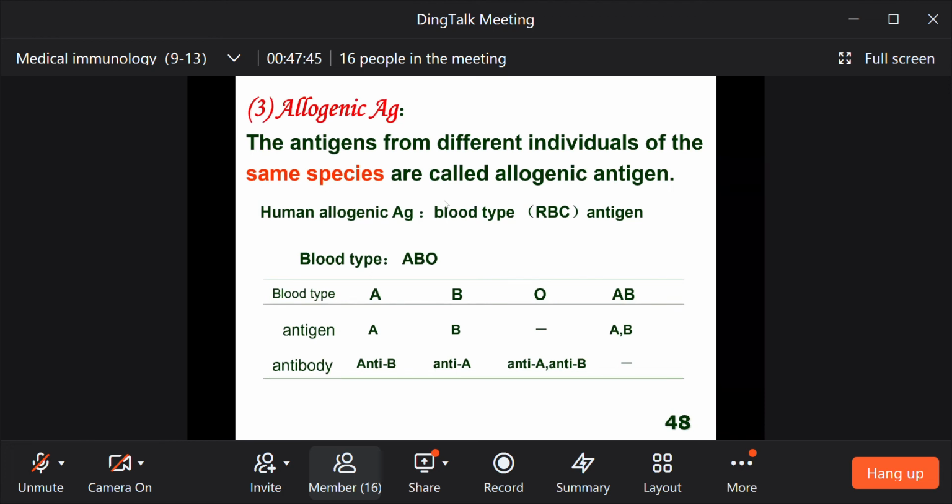If at this time the blood from B is injected into A, what happens? The antibody will bind to the B cells, which is useless.